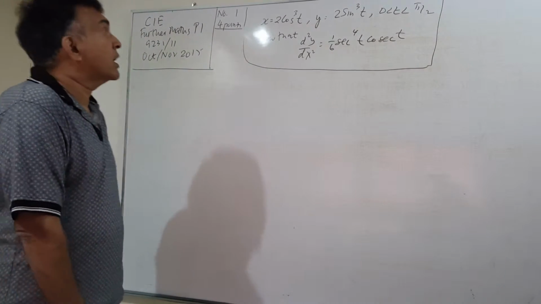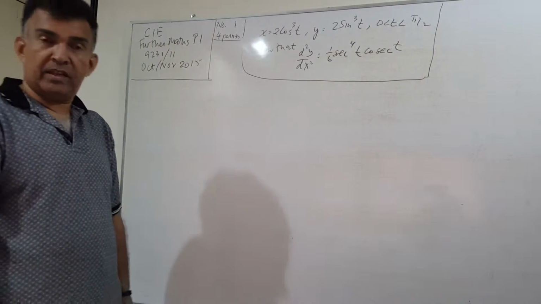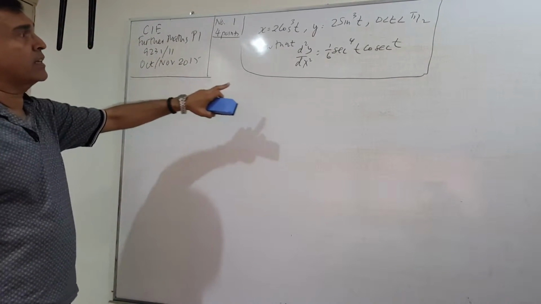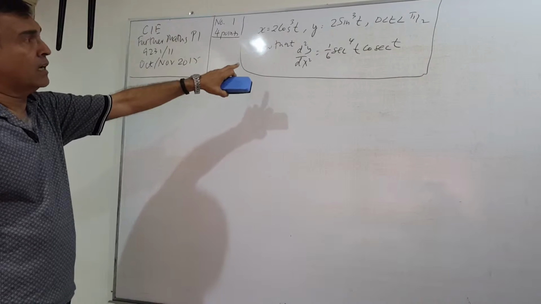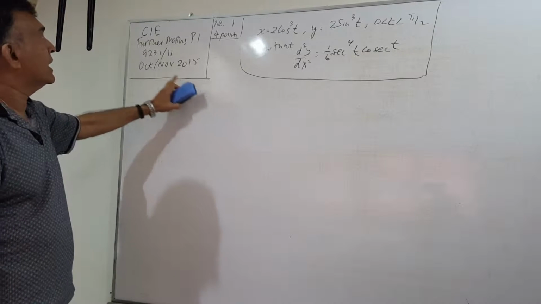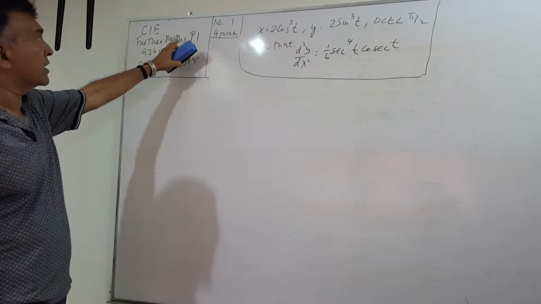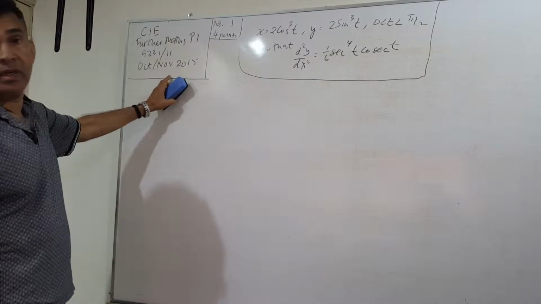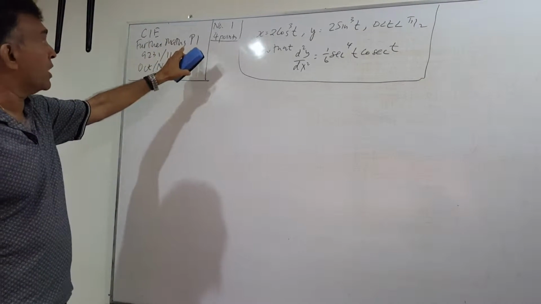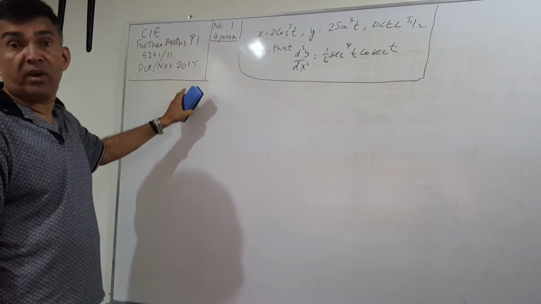In this video, we are going to solve a problem in further mathematics, further maths, so to speak, the CIE syllabus. We are looking at the question on the board. This question is found in the further maths paper 1 CIE exams, October, November 2015.